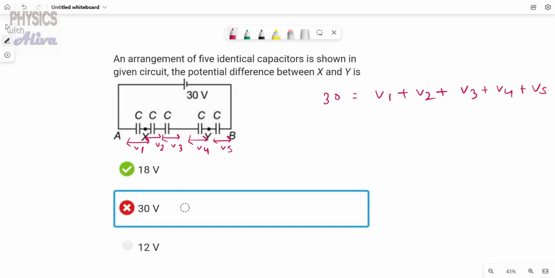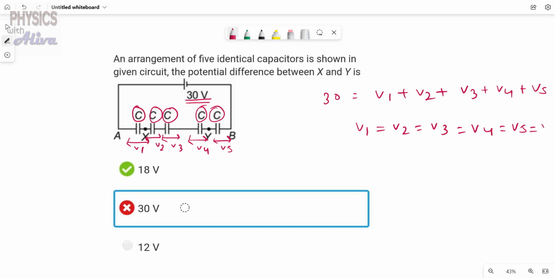But here we can see another fact, that all capacitors have the same value of capacitance. So we can say that V1 is equal to V2 is equal to V3 is equal to V4 is equal to V5, right? As the capacitances are the same, the potential 30 volt will be distributed equally among them.